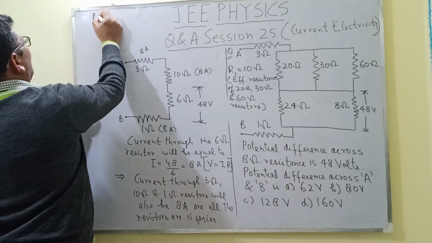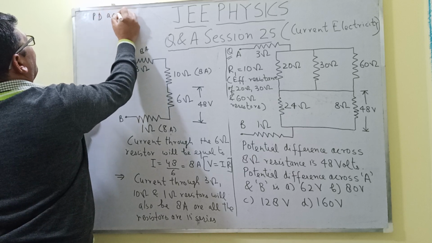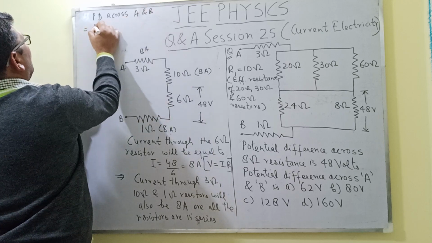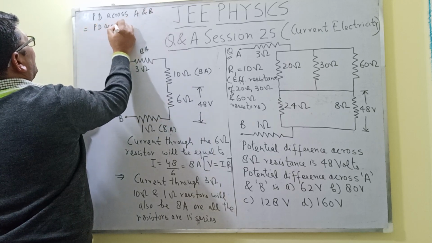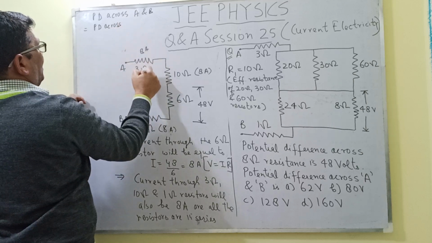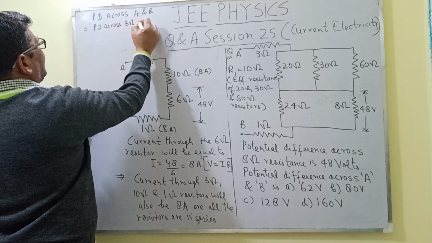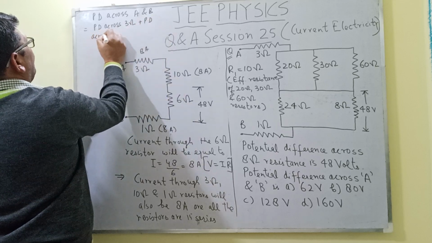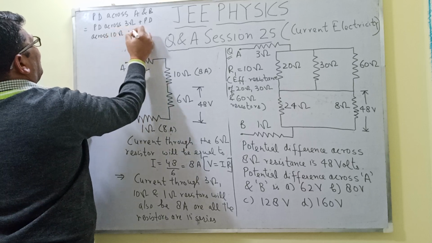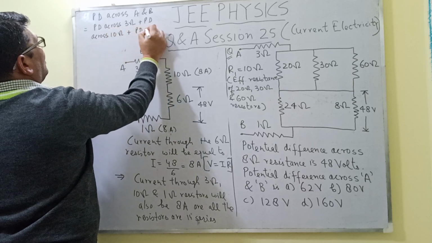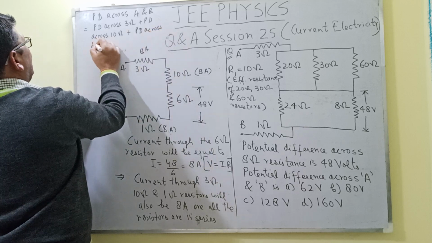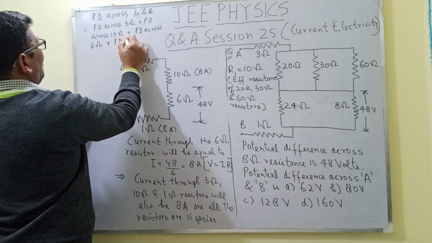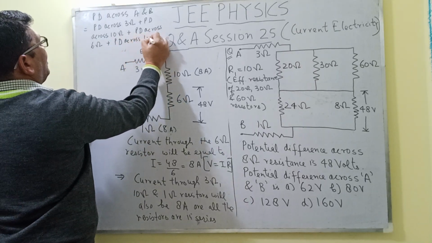The potential difference across A and B will be equal to the potential difference across this 3 ohm resistor plus the potential difference across 10 ohm resistor plus the potential difference across 6 ohm resistor plus the potential difference across 1 ohm resistor.